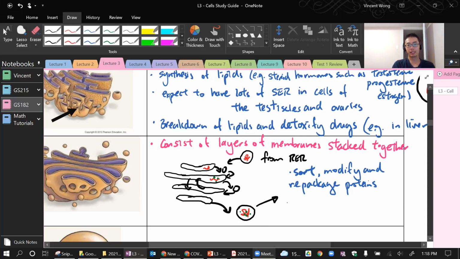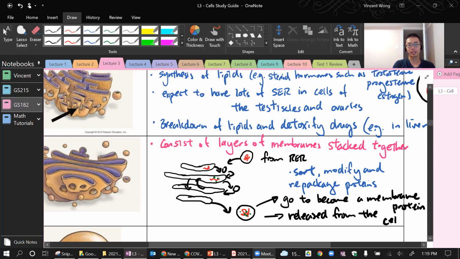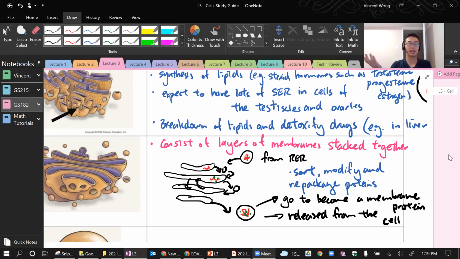They might go to become a membrane protein. We'll learn more about that next time. They might be released from the cell. Let's say this is a pancreatic cell, and you just made some insulin, and then you just had a big meal. Then the insulin will move to the cell membrane, and it will release its content.